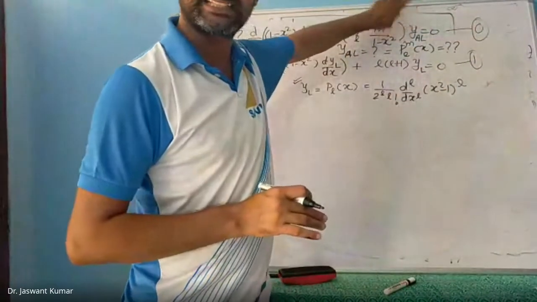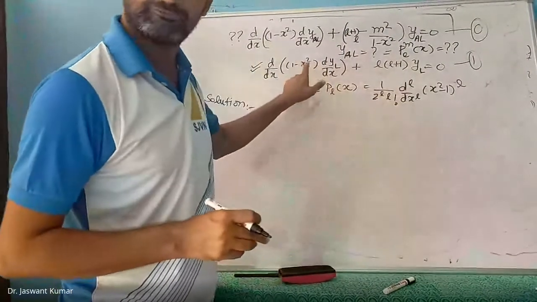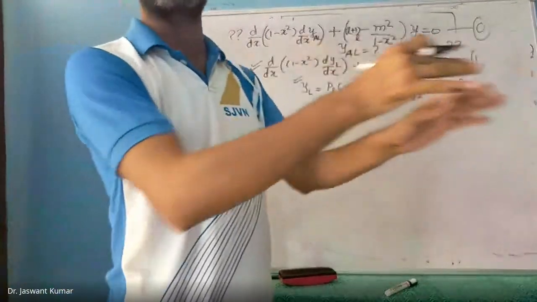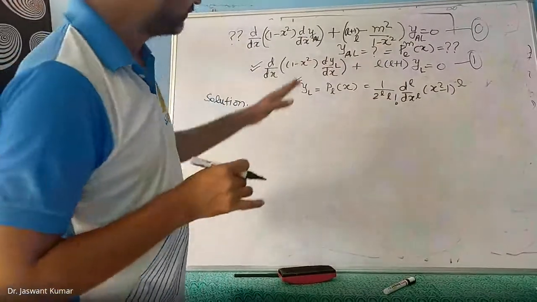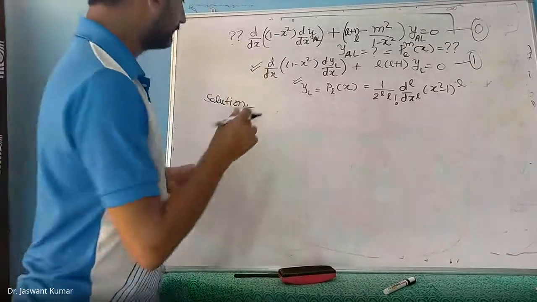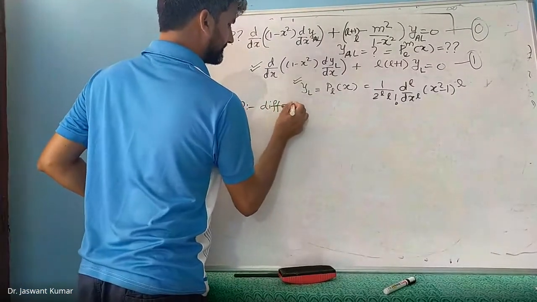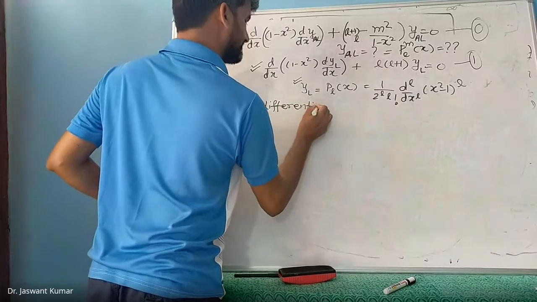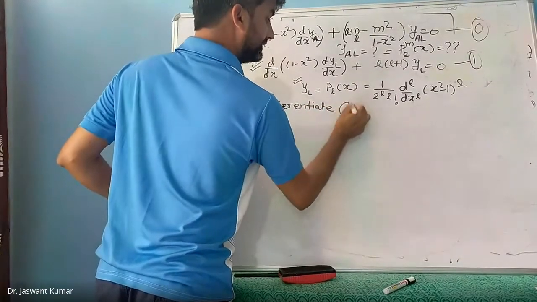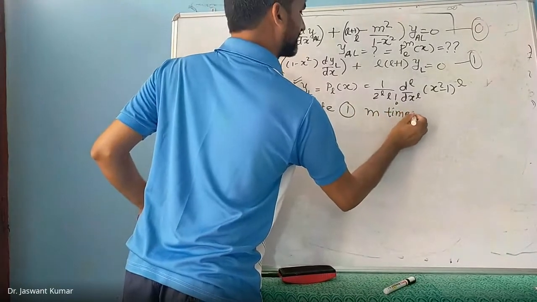What we do is, we know that equation 1 exists and it is known as Legendre's equation. So we will start with equation number 1 only, and we will differentiate equation number 1 m times with respect to x.